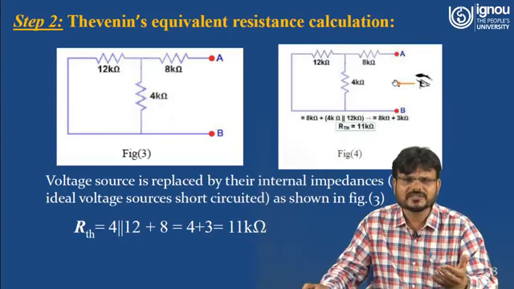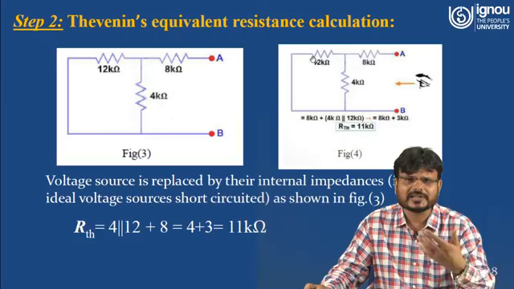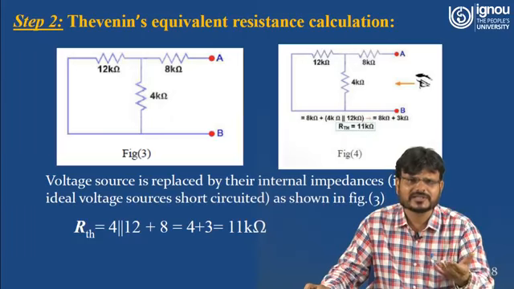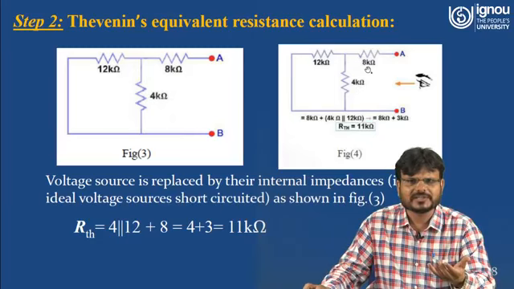So here you can see, just assume that some imaginary current is flowing from this direction, and this current will be divided in this branch and in this branch. Whenever current is divided in two branches, that means these two branches are in parallel. So 4 kilo ohm is in parallel with 12 kilo ohm, and the equivalent of these two branches will be added with 8 kilo ohm.